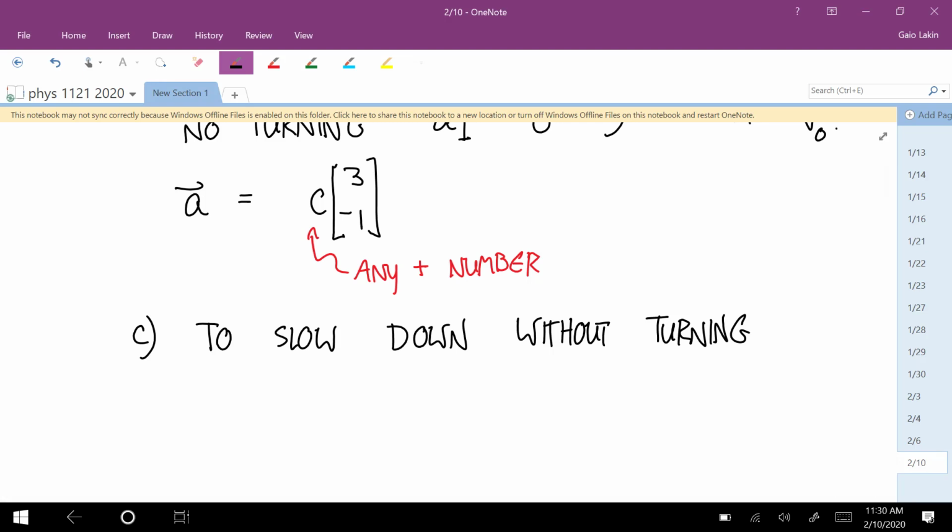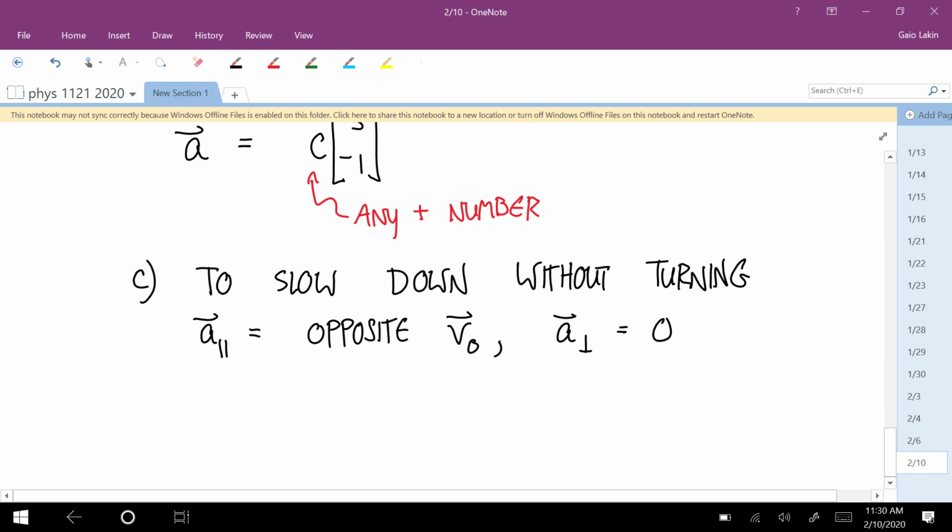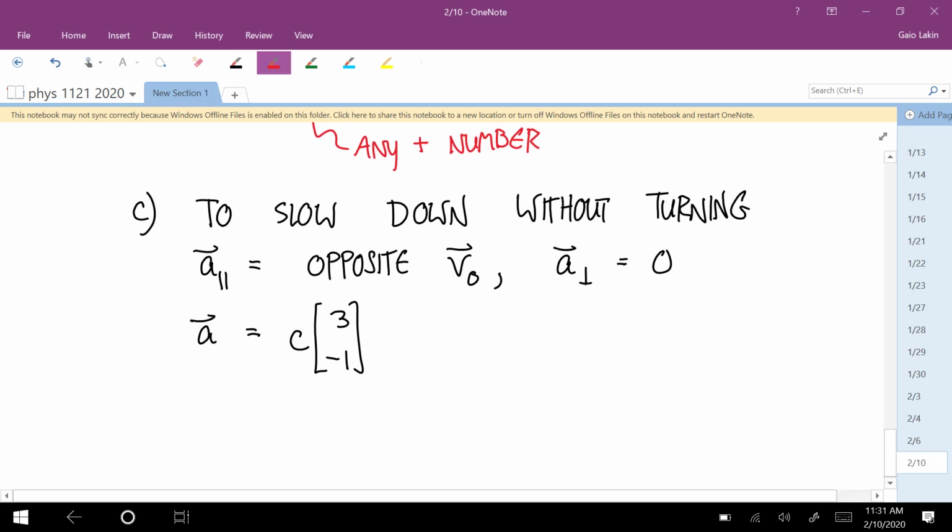We still have to have this A parallel be the only part of the acceleration, otherwise it would turn. But this time we have to make it opposite v0. A perpendicular still has to be 0. And so here you could call this acceleration equal to c times 3, -1. But this time that c has to be a negative number, and it could be any negative number.